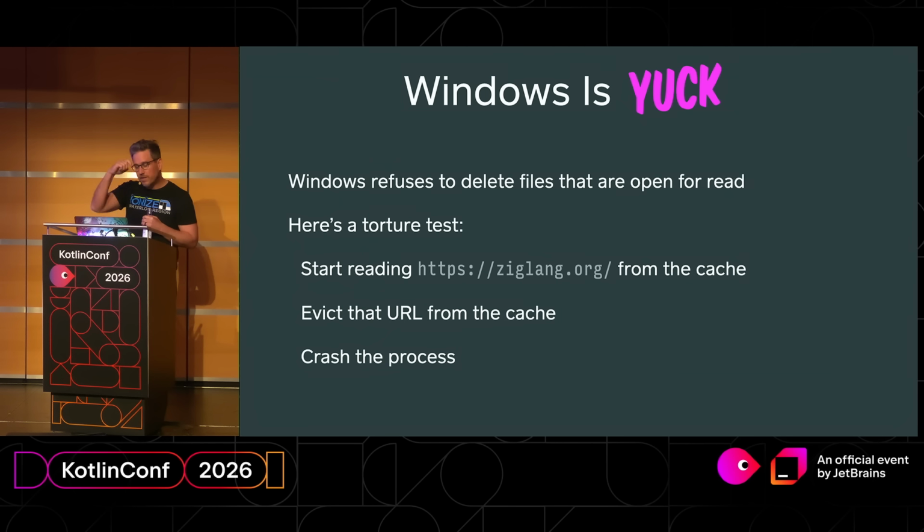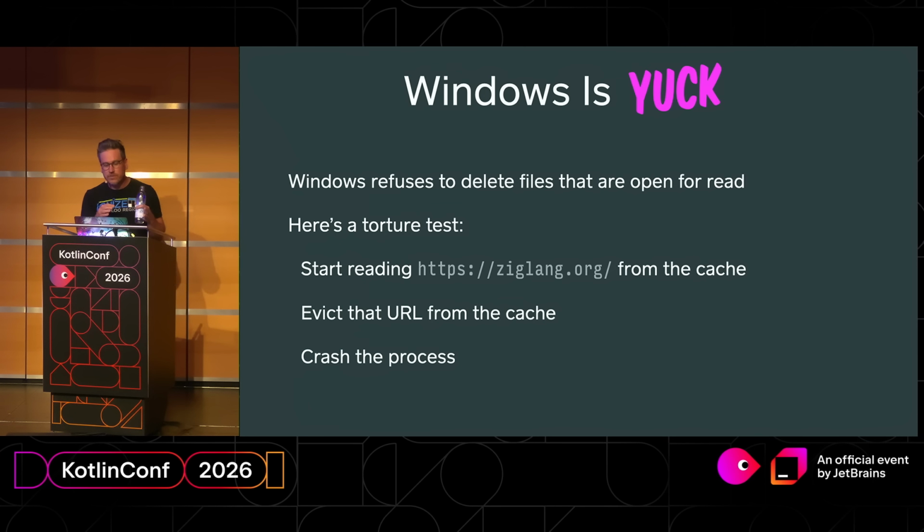So one extra hazard is Windows exists, and there's this bug I allude to where Windows refuses to delete files that are open for read. And a hypothetical example you could imagine is you go to ziglang.org and you read it from the cache. And so there's something that's reading that website, and then you realize that you're at KotlinConf and you should not talk about Ziglang, so you evict the URL from your cache, and then your process crashes.